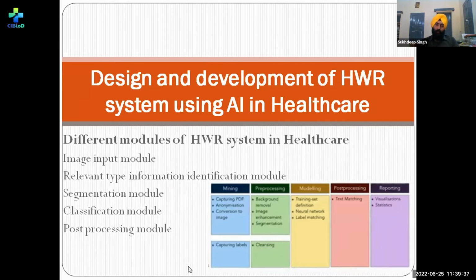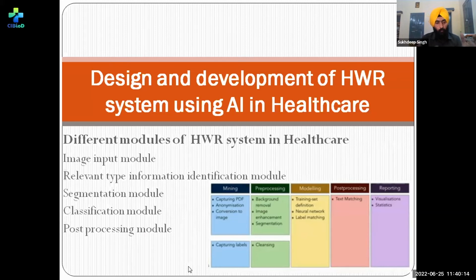Whenever we are developing any HWR system in AI, there are different modules. The first module takes an input image, and once the image has been input, it is converted to a binary image. Then the regions of text and drugs are extracted from that image, and we filter the unnecessary regions from the scanned document.